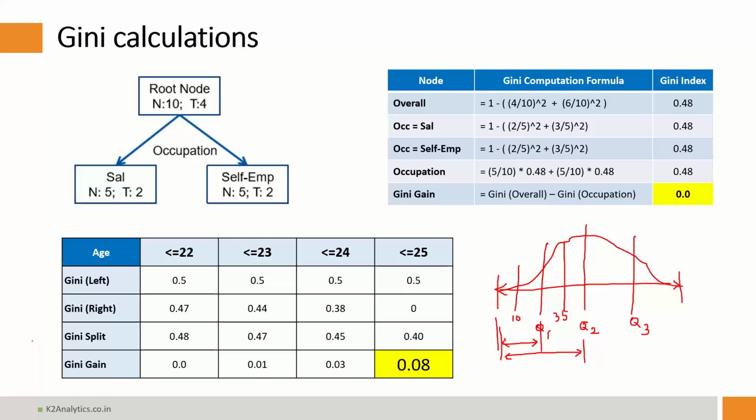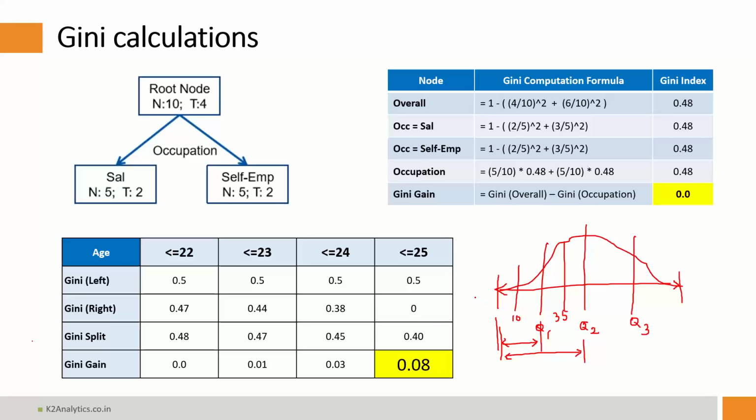Our objective is to, at a very high level, understand when I'm using a CART algorithm, the variable which is best is identified using a calculation which is called Gini gain. And what is the calculation of Gini gain is what I have demonstrated. Very important for us to know how to go about doing calculation of Gini gain.